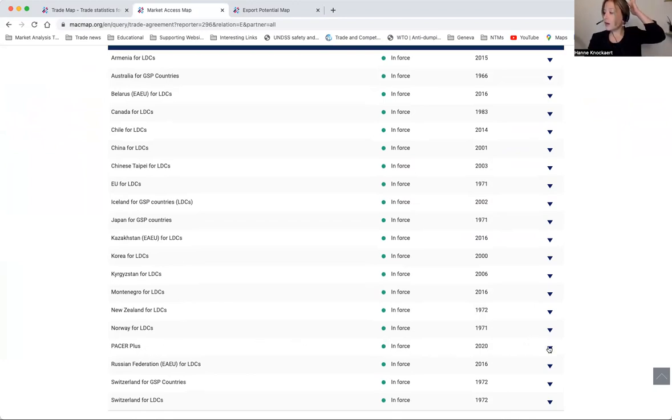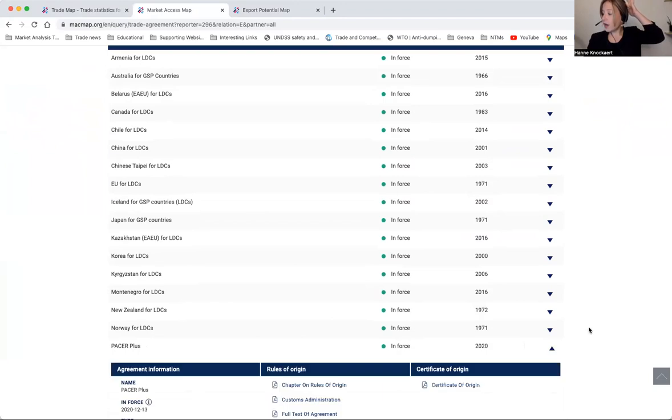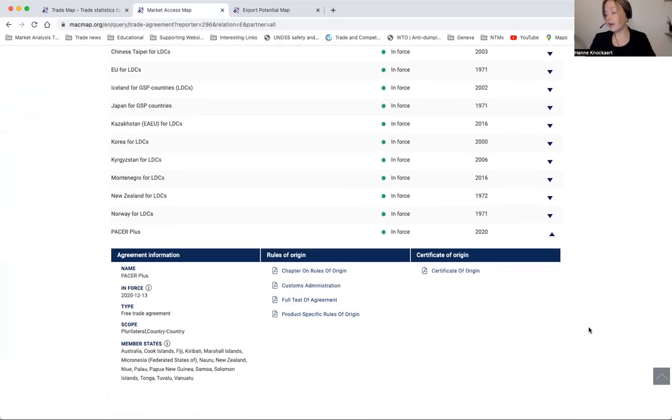If you click on this arrow down, you find more information. You see which other countries are involved in this. So as you mentioned, this is Australia, but also a lot of Pacific Islands I see. Exactly, it's a Pacific Island agreement. So this is the information on that part.